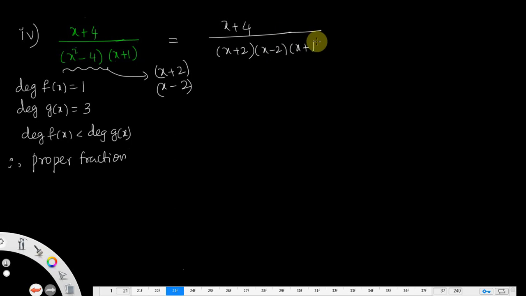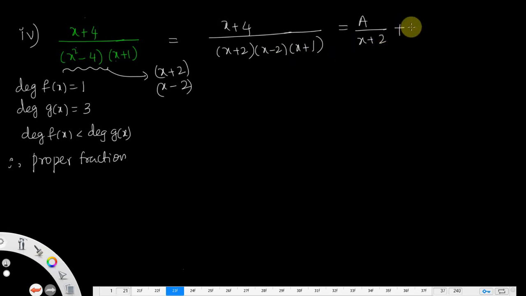So totally here the non-repeated linear factors are 3. Then we can separate as a by x plus 2. Number of factors are 3, which means you get the values a, b, c.